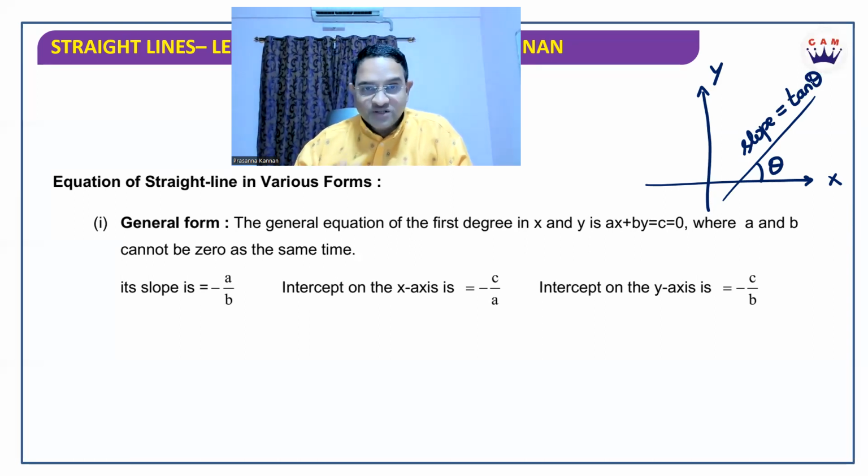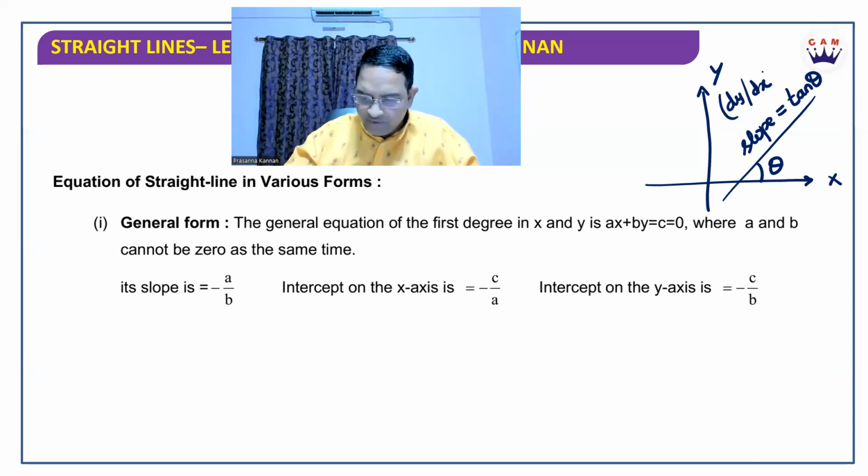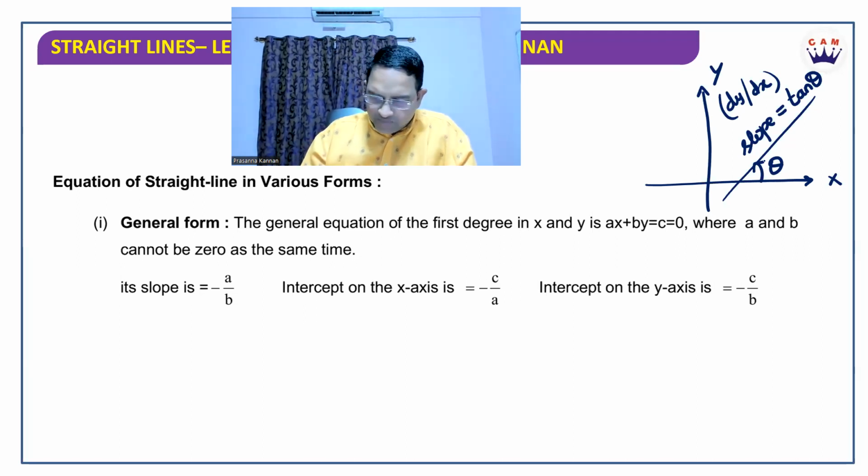Of course, we have also gone one step beyond and discussed that slope is nothing but dy by dx, correct, students? Anyways, at this point, we don't need to worry about dy by dx. If a line makes an angle theta with the positive x-axis, then the slope of that line is equal to tan theta, because it is basically change in y divided by change in x.